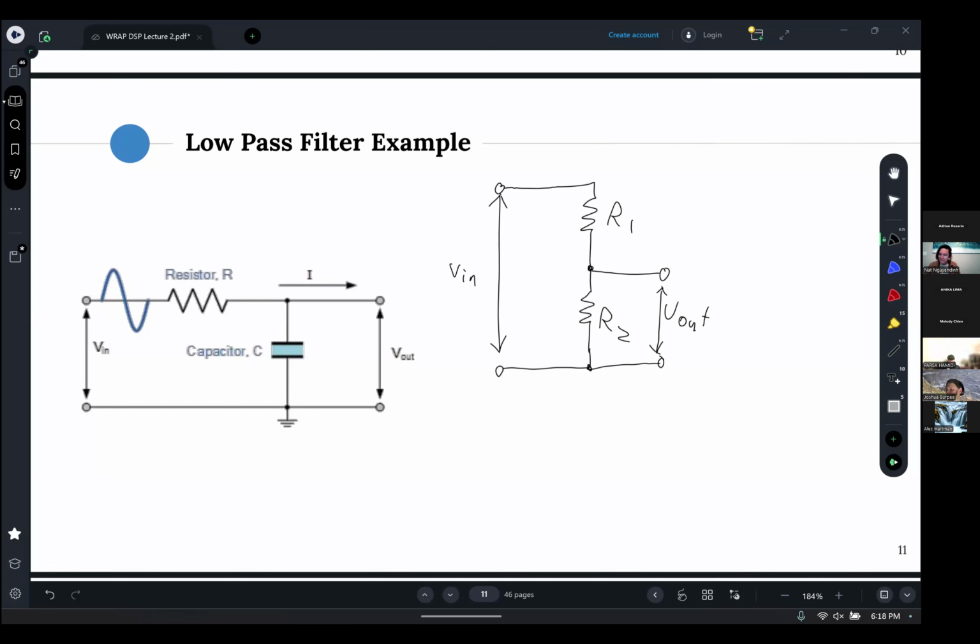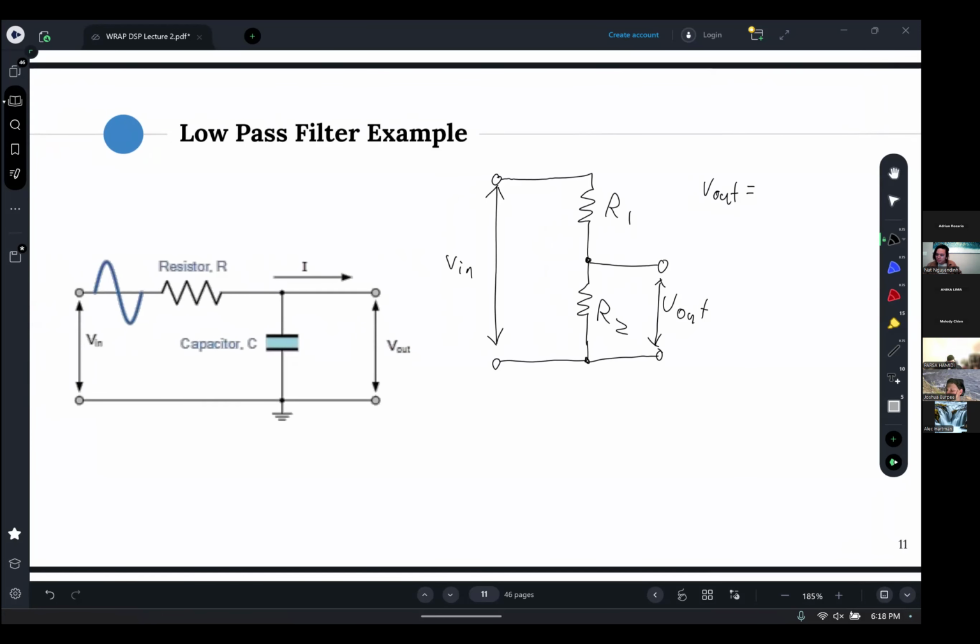So we have V out equals V in multiplied by R2 divided by R1 plus R2. Okay. So this should be something that you guys have seen before. Yeah, this is very basic circuits.